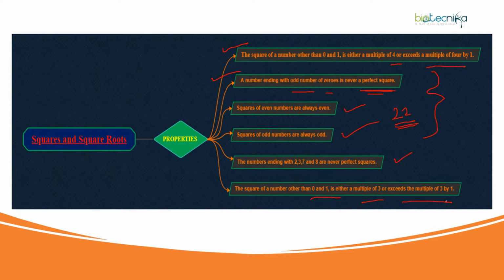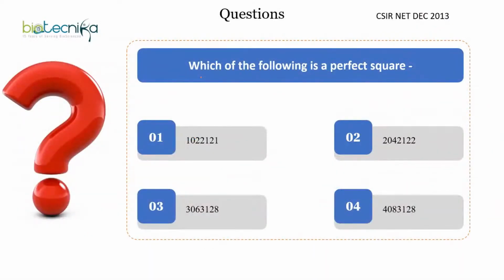Okay, so square of a number other than 0 and 1 is either a multiple of 3 or exceeds the multiple of 3 by 1. So these are some points which you can remember when you're trying to solve a question related to perfect square. Okay, perfect square के questions में you can always remember these points.